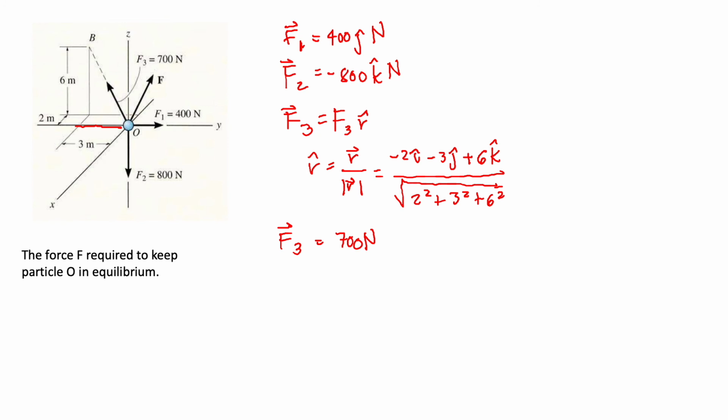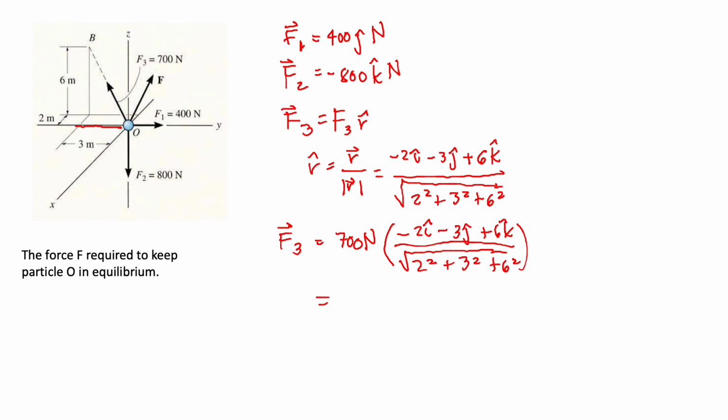So this is 700 times negative 2i hat minus 3j hat plus 6k hat, divided by the square root of 2 squared plus 3 squared plus 6 squared. It's better if you input this directly into your calculator so that you avoid rounding off the answer.